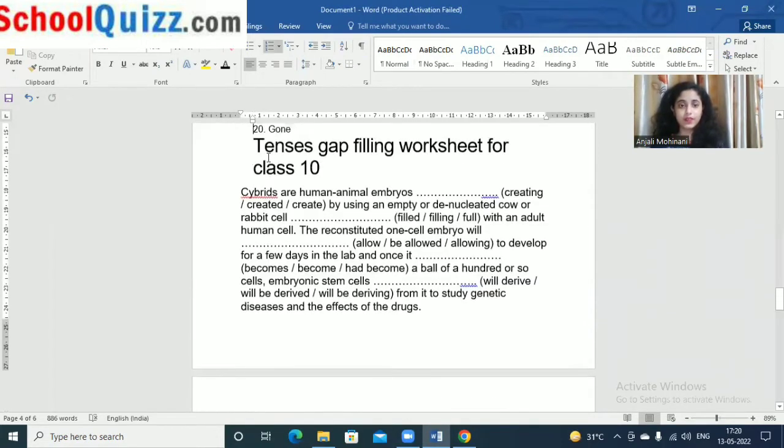So here what is given to us, we have a gap filling worksheet. Gap filling worksheet means there is one paragraph given to you and there are some options given to you in that. So what you have to do, you have to select one option and complete the paragraph accordingly. Here we are going to write answers by our assumption first, and afterwards we'll check the answers and see how much we have done correct.